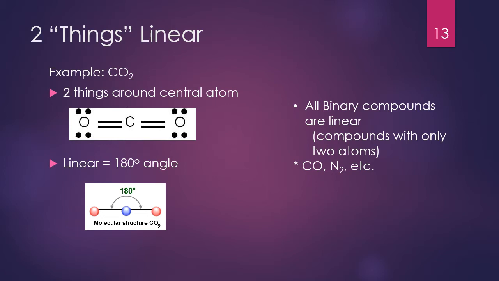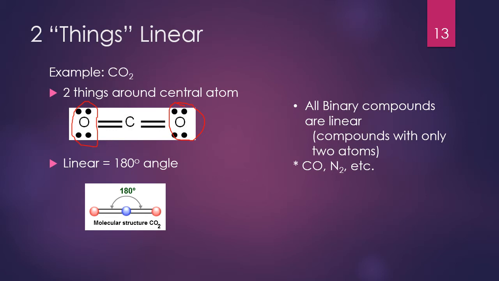If I'm counting the things around the central atom, carbon, I just have 2 atoms around carbon. 1 oxygen here, 1 oxygen there. So that's a total of 2 things. The fact that there's double bonds does not matter. I'm also not taking into account the lone pairs on the oxygen. I'm just focusing on the carbon itself.